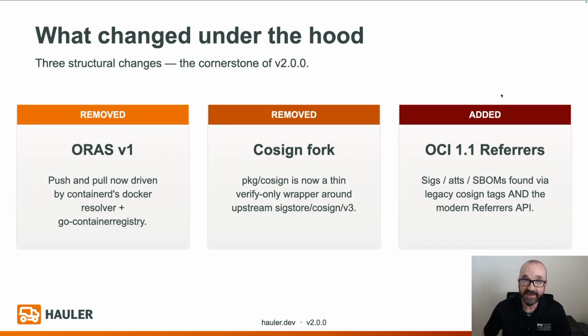We also had a cosign fork. We used cosign heavily in v1 for consuming OCI artifacts, because when we pulled an OCI artifact, we wanted to be able to handle the digital signatures and attestations coming with it as well. So if you had your SBOMs and things of that nature, we wanted to pull that in along with the container image.